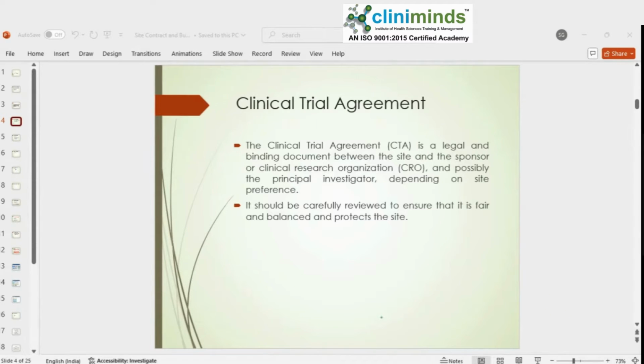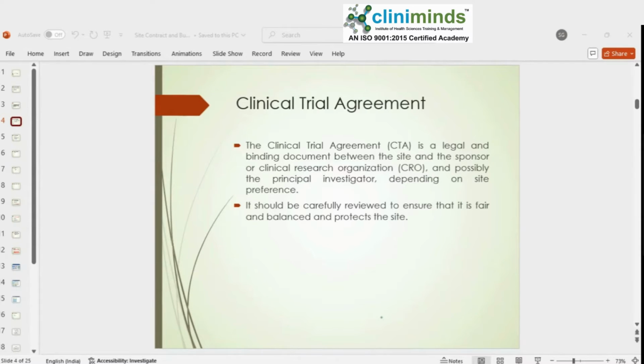So this contract needs to be reviewed carefully so that there is a fair balance, in a fair and transparent manner, where everyone gets what they deserve from the trial. Whatever work the site is doing for the trial, they make sure that it is being compensated as per their expectation.